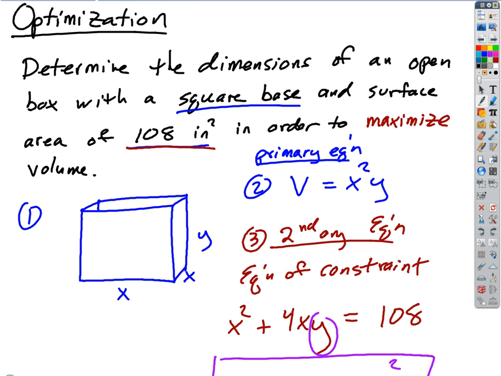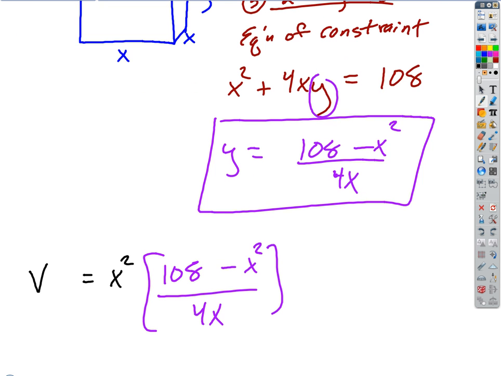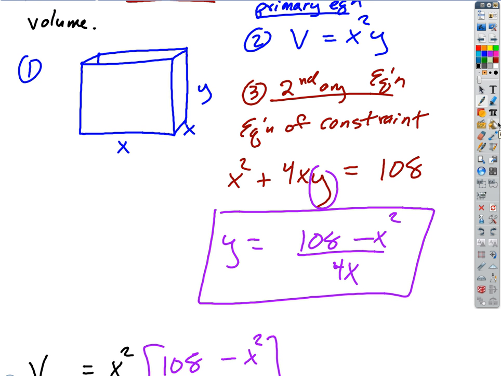This might even be the part people have the most trouble with, which is the domain. If this is how y is related to x, and this is our picture, could x ever be 0? No. Because if x were actually 0, then the volume would be 0, right?